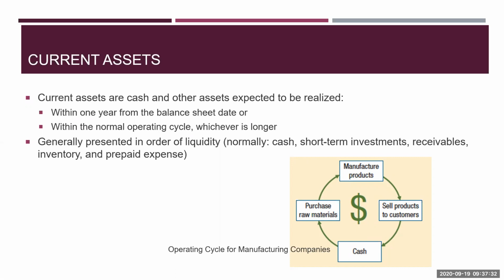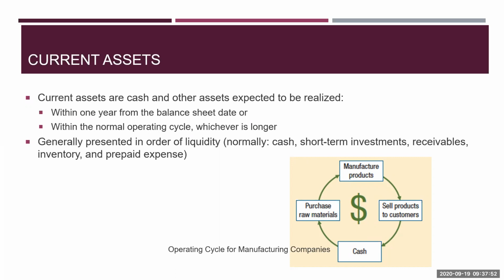Now, what's an operating cycle? Operating cycle, this is the pictorial representation that you're seeing on the bottom right corner there. The operating cycle, we also call the cash to cash cycle. It is the time that the business spends between spending cash and receiving cash.